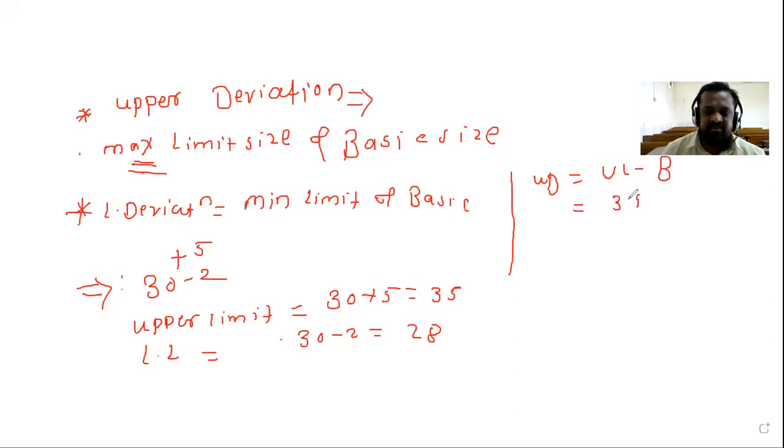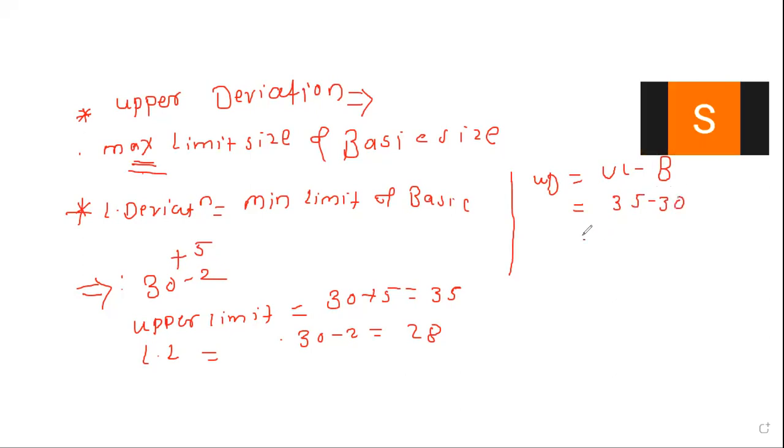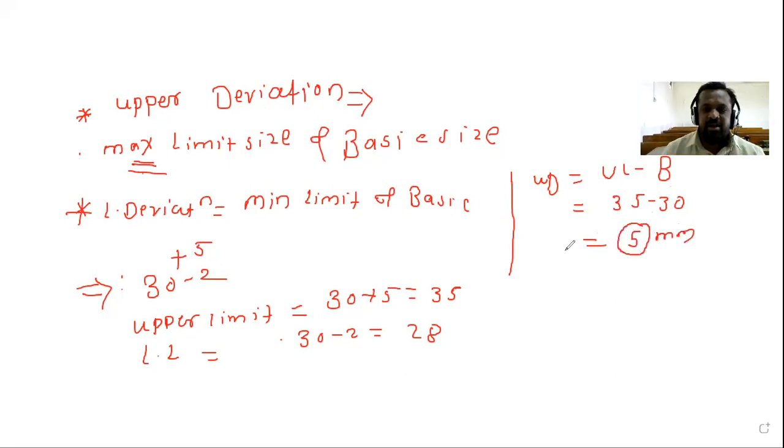It is 35 minus the basic size, which is 30. Then tell me, what is the deviation? 5. Okay, 5 is the deviation. It is called the upper deviation. That means the maximum we can go from that 30, how much can we deviate? 5. Okay, then how do we find out the lower deviation?